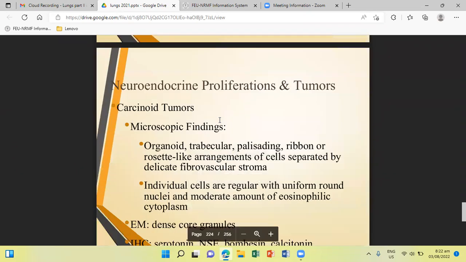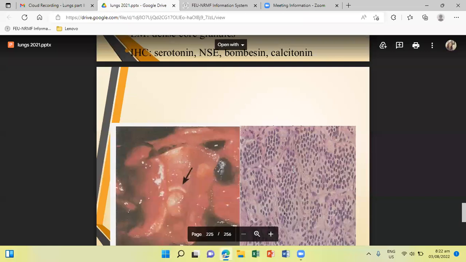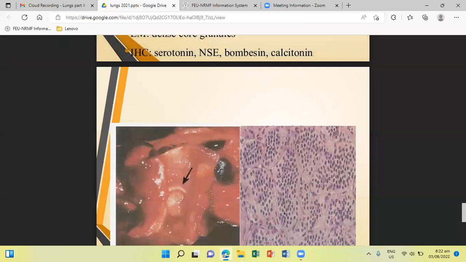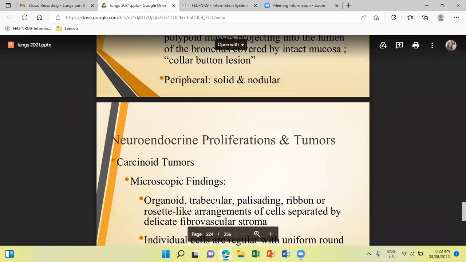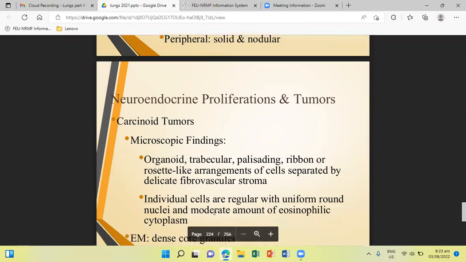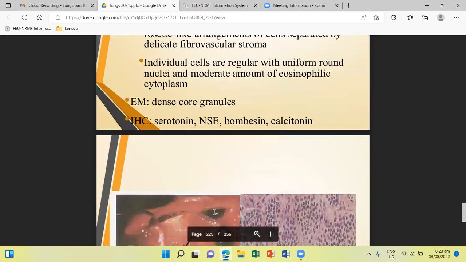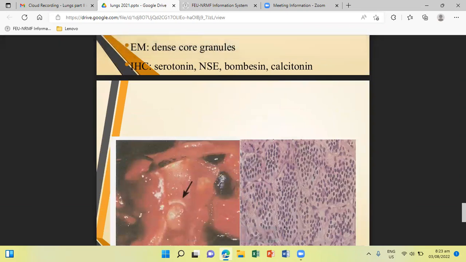Let me show you that image. So this one. Usually, they are classically described as a collar button lesion. This is an example of organoid or trabecular arrangement. It's actually here, an organoid trabecular rosette-like arrangement of cells separated by delicate fibrovascular stroma.